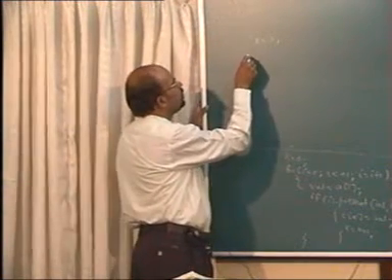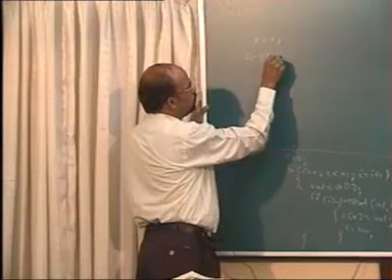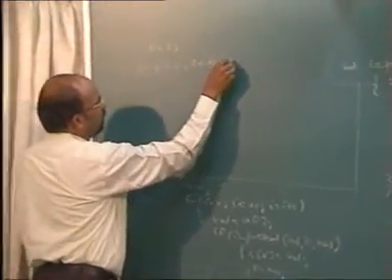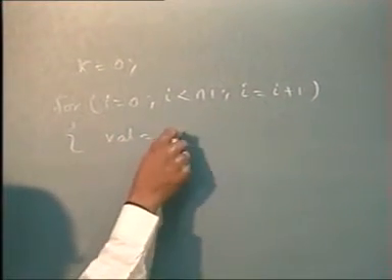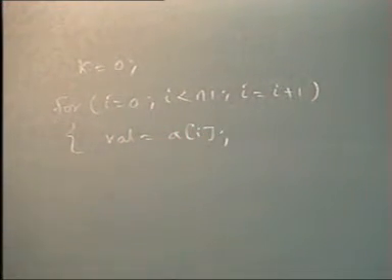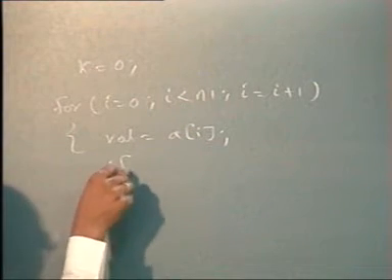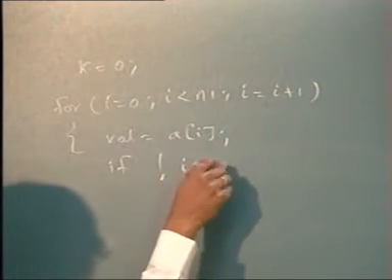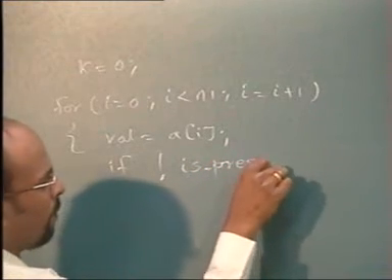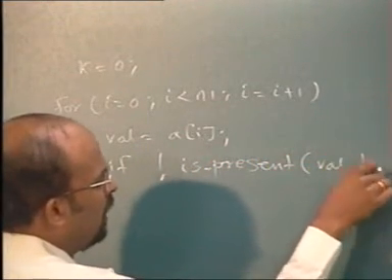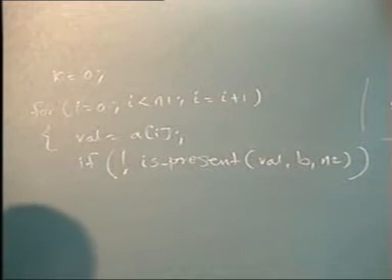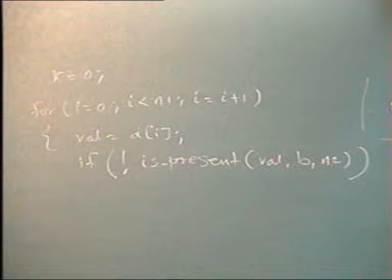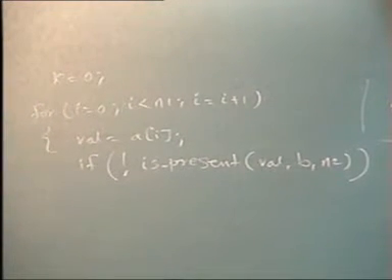So, for I equal to 0, I less than n1, I equal to I plus 1, val is equal to A of I. So I know that val is present in A, since I need it in A minus B. I will simply say that if not is present that val in B having elements n2, then copy. So just by putting not here, instead of intersection you would have got the A minus B part.